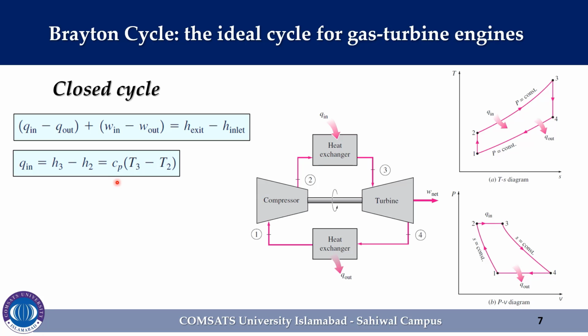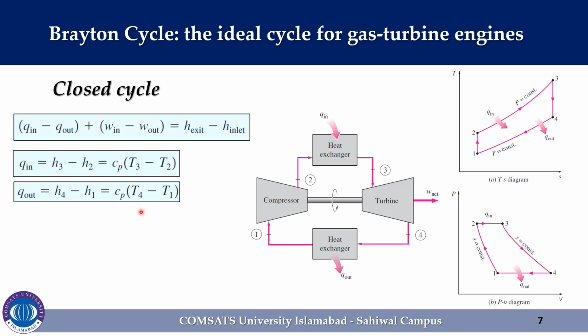In the same way, we can express Q out as H4 minus H1. H4 and H1 are the enthalpies at state 4 and state 1 respectively, and in terms of temperatures it can be expressed as Cp times (T4 minus T1). T4 and T1 are the temperatures at state 4 and state 1, as we discussed for the heat addition process.